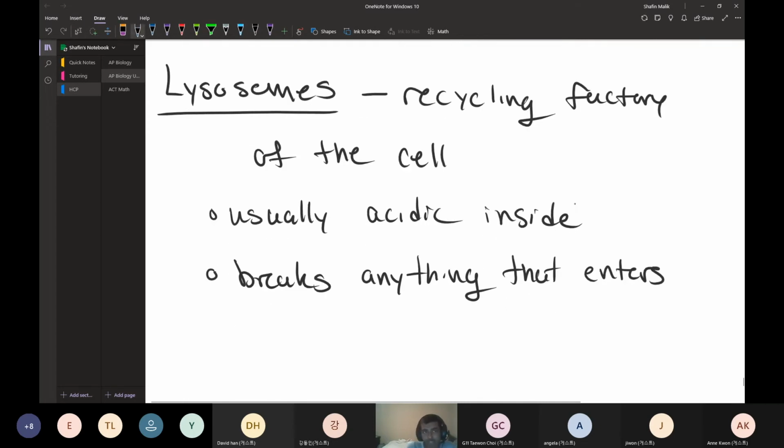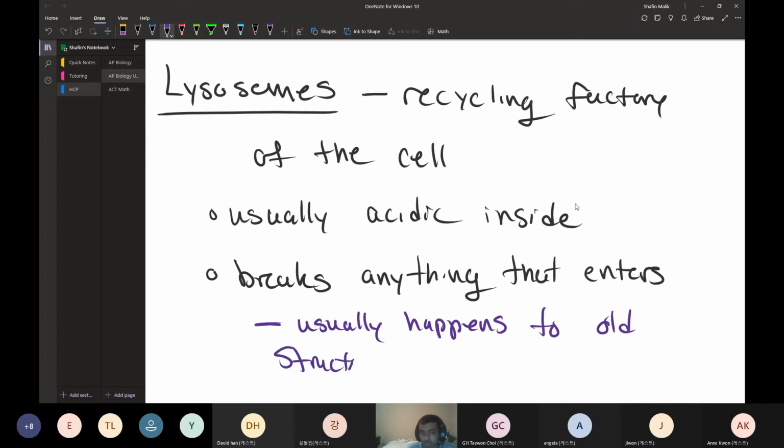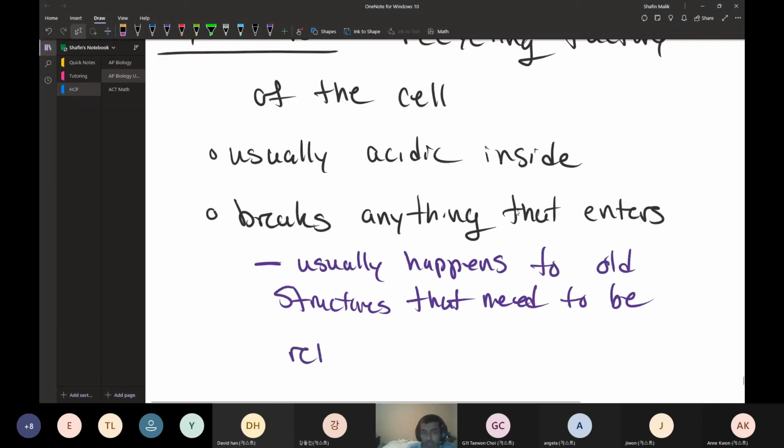So this process that I just described happens in every cell for all old structures that need to be rebuilt. For example, suppose there is a protein that is old and starting to break down.